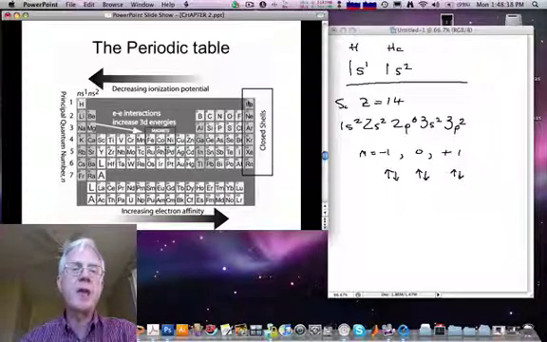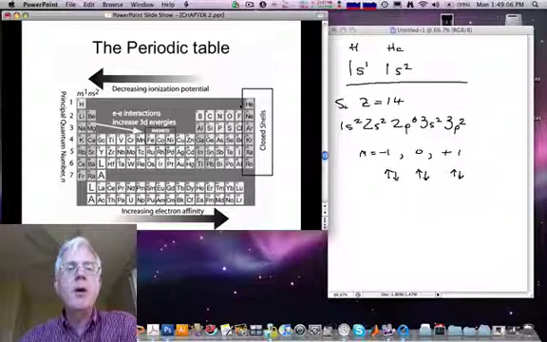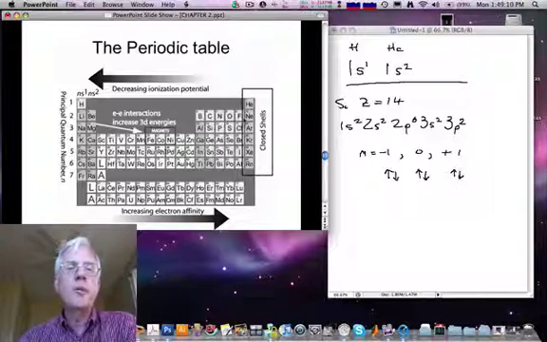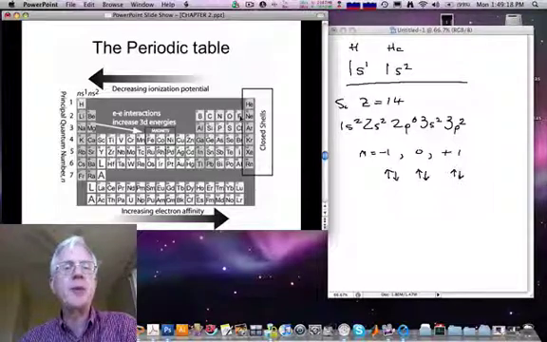Over here we have the elements with closed shells, so these are essentially completely inert, really don't like to lose or gain electrons because they are in a closed shell configuration. Just to the left of them we have the halogens, fluorine, chlorine, bromine, iodine. These are just one electron short of a full shell, and so love to accept electrons.